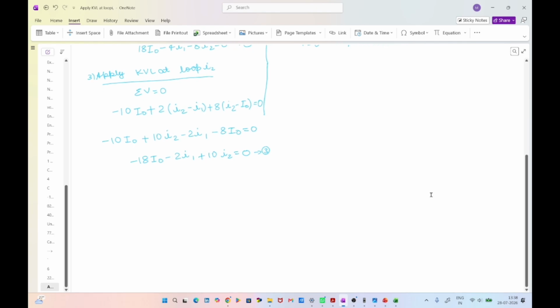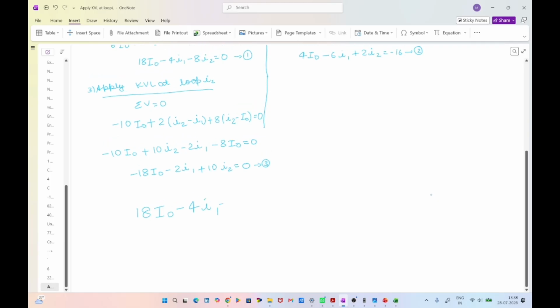18 I naught minus 4 I1 minus 8 I2 is equal to 0. And here 4 I naught minus 6 I1 plus 2 I2 is equal to minus 16.